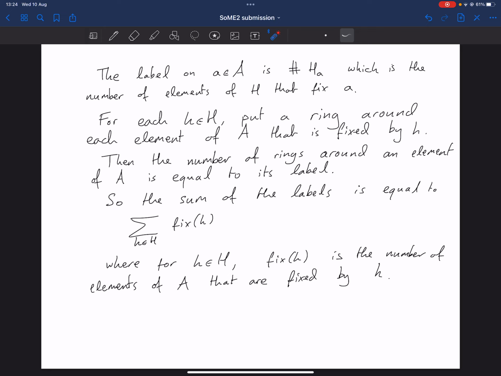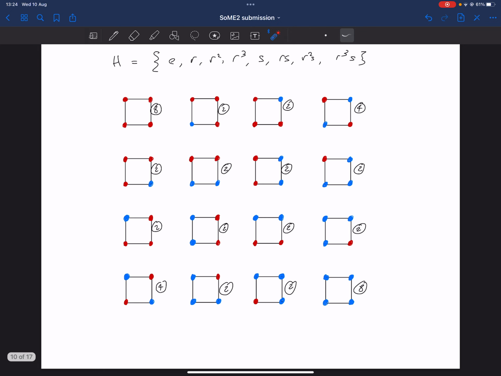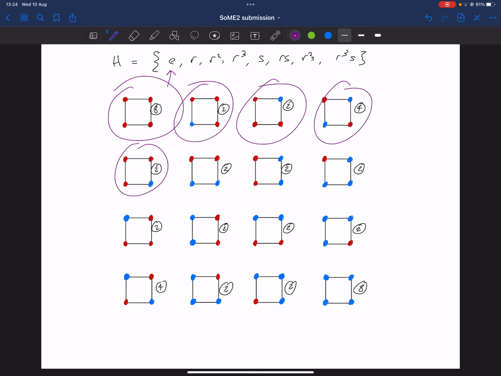And I've said we're going to put a ring around that element. So let's just have a go at that quickly. I'm not going to go through all of them. If we start with E, in fact, every element of our set A is fixed by the element E, so I can put a ring around every element.